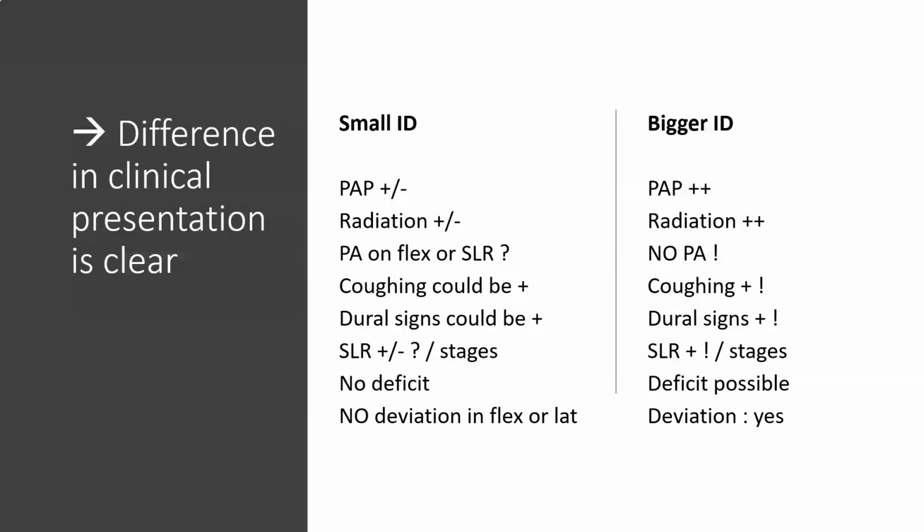Of course, with a small internal derangement, you don't expect deficit. And finally, the inspection. Did we see a flexion deviation or a lateral shift deviation? Well, with the bigger protrusions, yes. With the smaller protrusions, certainly not. So keep those things in mind, because those are the important puzzle pieces which are going to be useful later on when we talk about indications and contraindications of manipulation and traction.